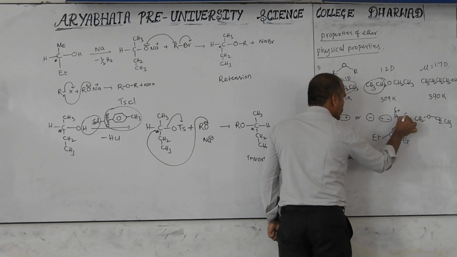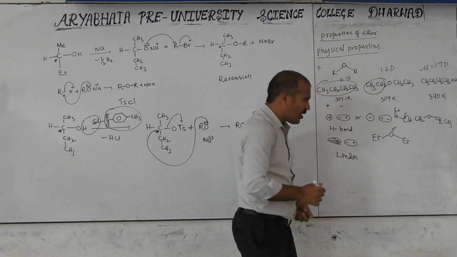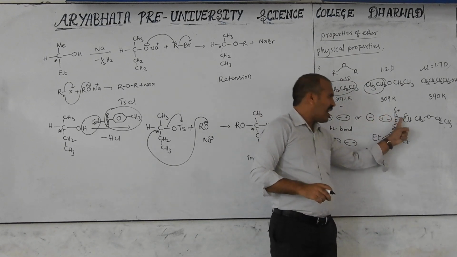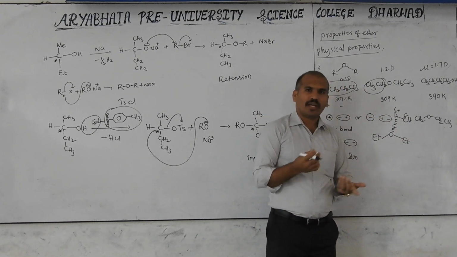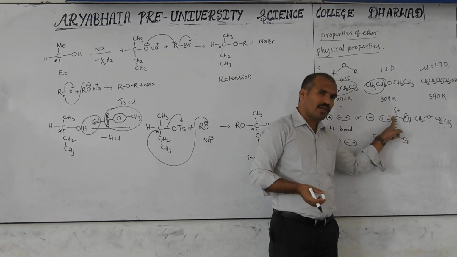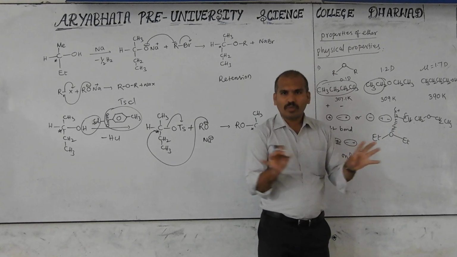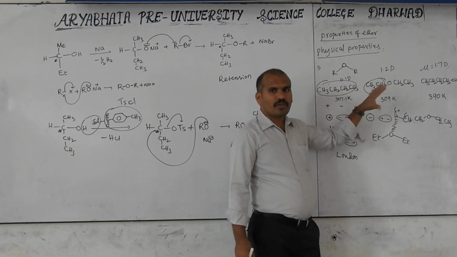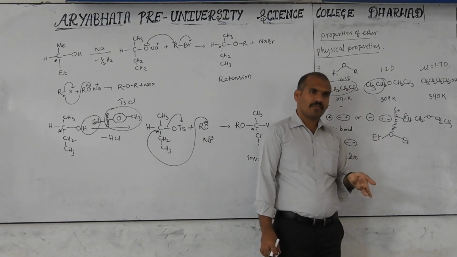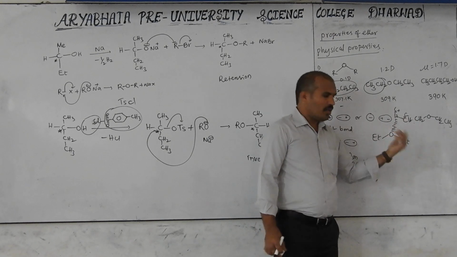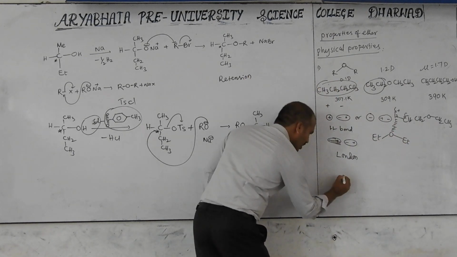We will not get a partial positive charge, and this type of hydrogen will not exist. The reason: these have nearly equal electronegativity. Carbon has 2.5 and hydrogen nearly 2.1 or 2.2. Nearly equal means no positive or negative develops here. When there is no positive or negative, no hydrogen bond exists. That's why hydrogen bond does not exist between ether molecules. But hydrogen bond is possible with water.